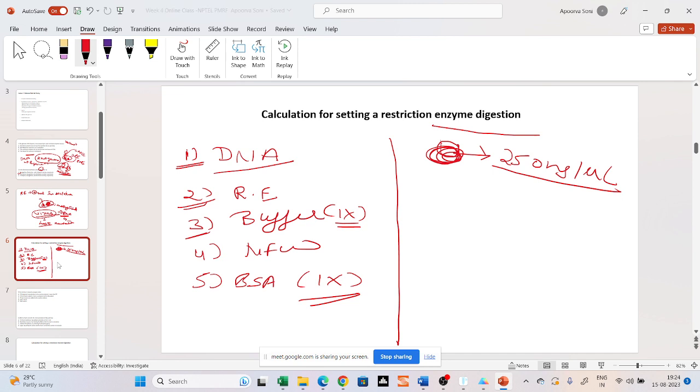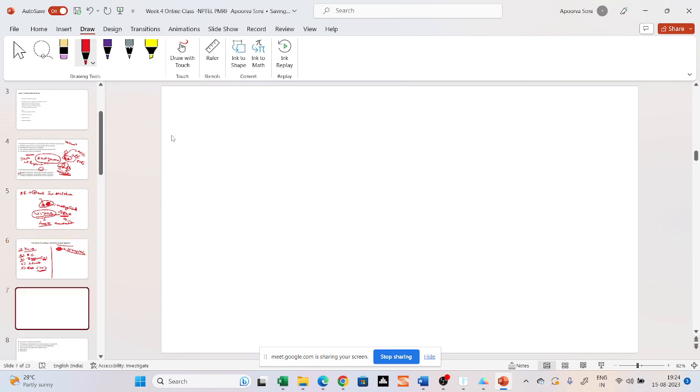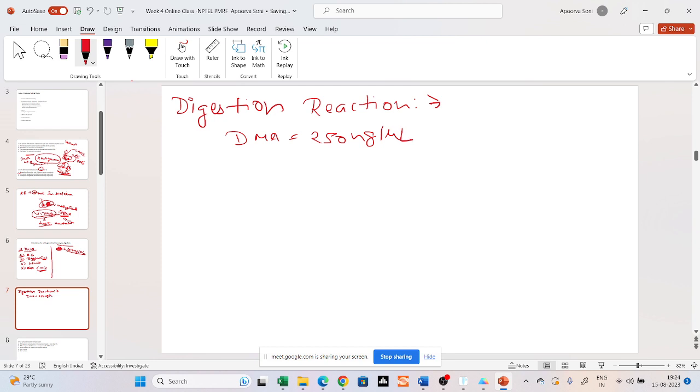So for setting a digestion reaction, the DNA concentration is 250 nanograms per microliter.